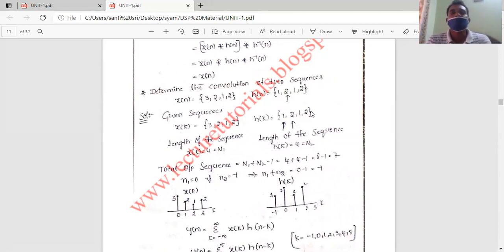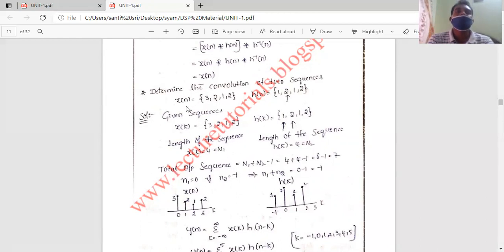First of all, we will find the length of the sequences. See here, four components are there in this one. We can write this as x of k equal to 3, 2, 1, 2. So the length of the sequence is 4, represented as n1. For the first set, the length of the sequence is represented as n1.